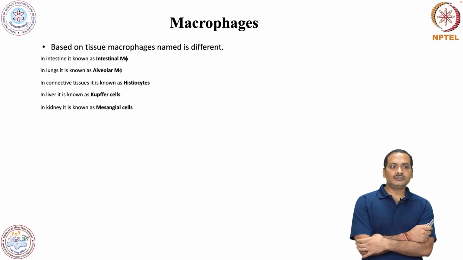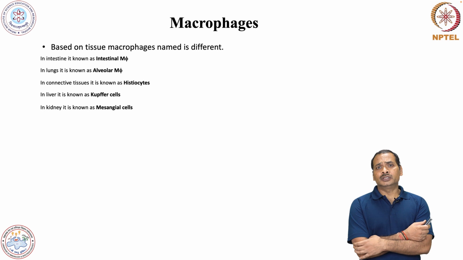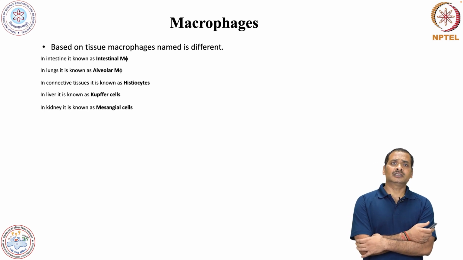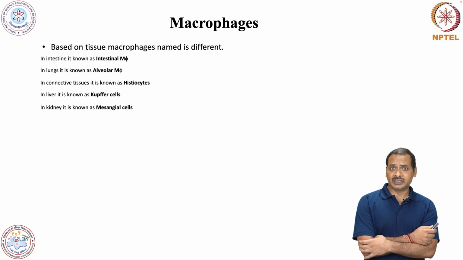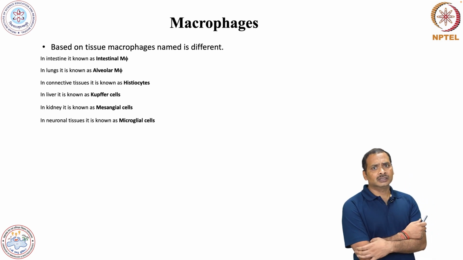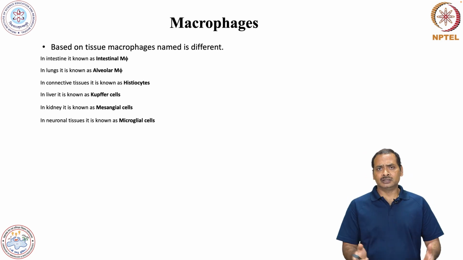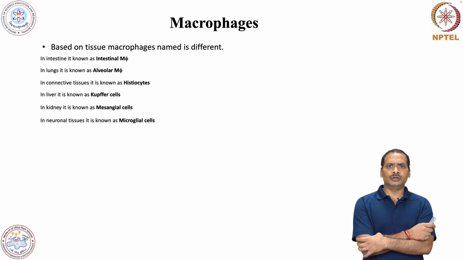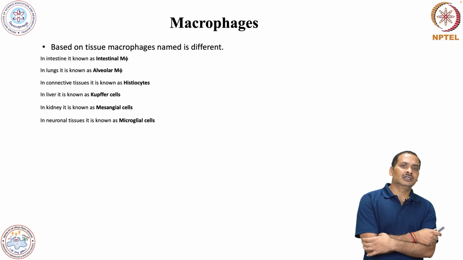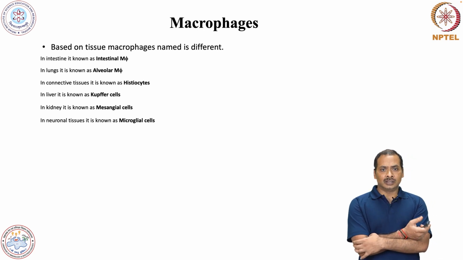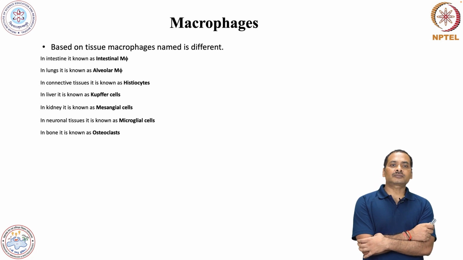In the kidneys also there are cells which can phagocytose, called mesangial cells, and in our nervous tissue there are specialized phagocytic cells called microglial cells.